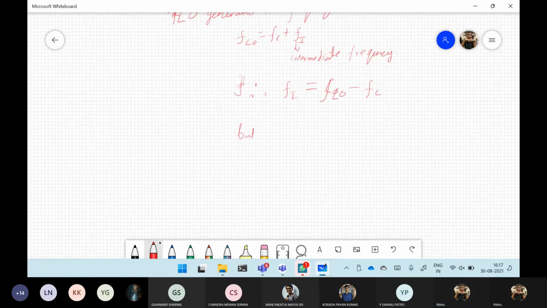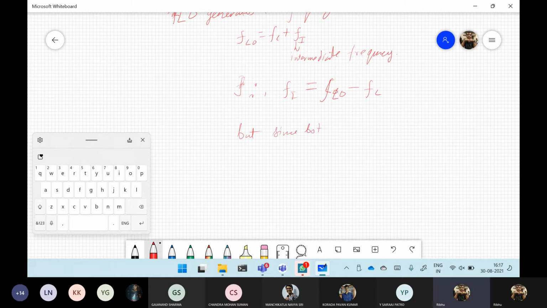But since both plus and minus components are multiplying with cos 2 pi FLO t, both FLO minus Fc and FLO plus Fc, these two components will be generated.